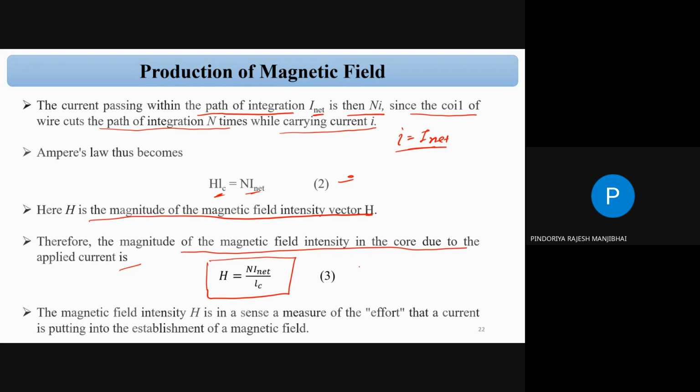So what is the formula for H? H equal to N I divided by l. Here l is the length, N is the number of turns, and I is the current passing through the coil. So we can say the unit of H is ampere turn divided by meter. So this is the unit. Okay, done.